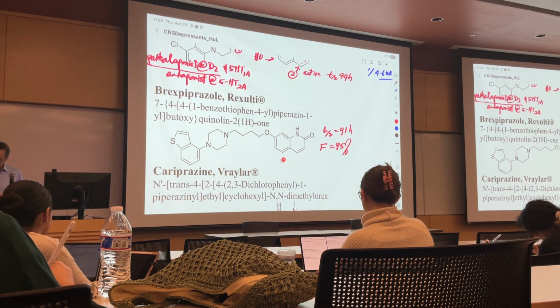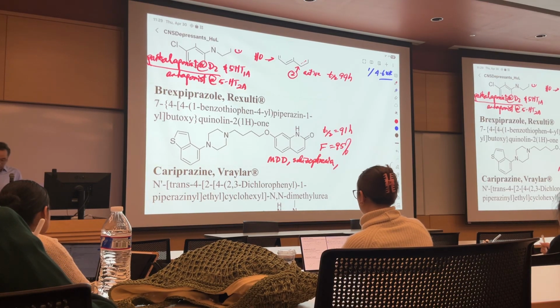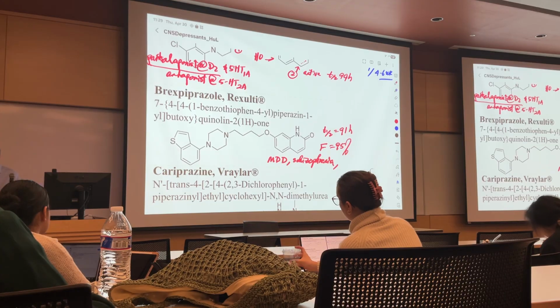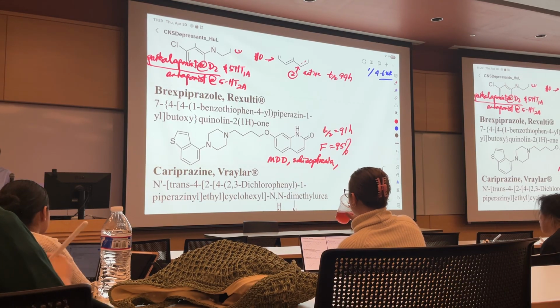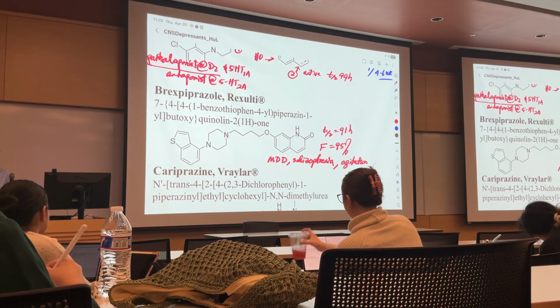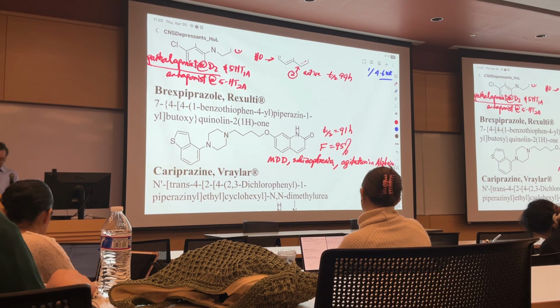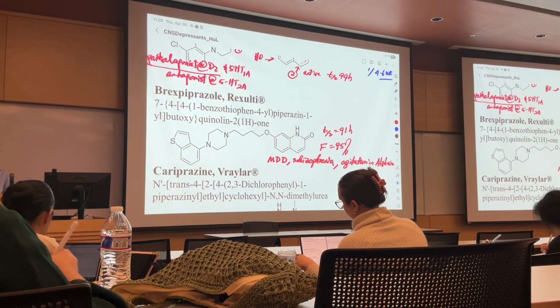It is used as an antipsychotic. In terms of indication, it's used for MDD, major depressive disorder, for schizophrenia, and also, I think a little over a year ago, it was approved for agitation in Alzheimer's. So agitation in Alzheimer's dementia patients, right?